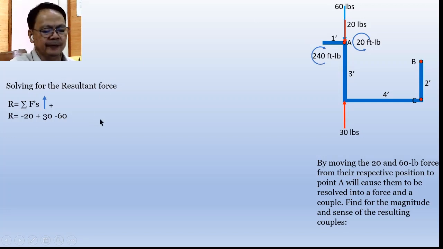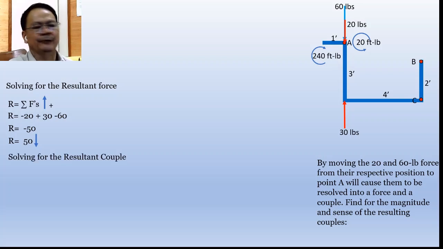And when we simplify, we shall have here a resultant that is negative 50. Itong negative na ito tumutukoy that the direction is opposite what we have used as our convention. Since we have used a convention equal to positive when it is upward, and because the result is negative, therefore we can say that the resultant is 50 and directed downward.